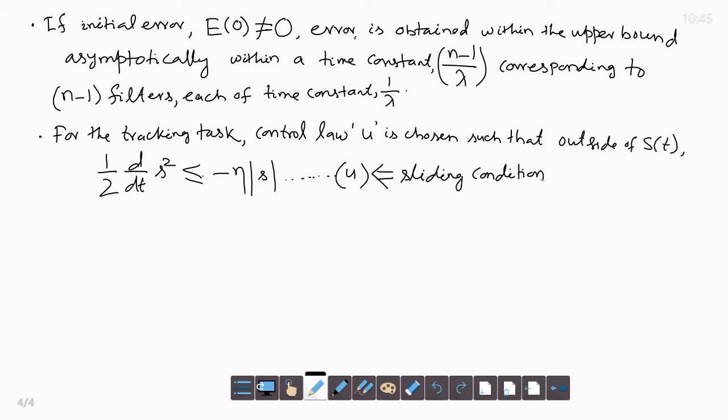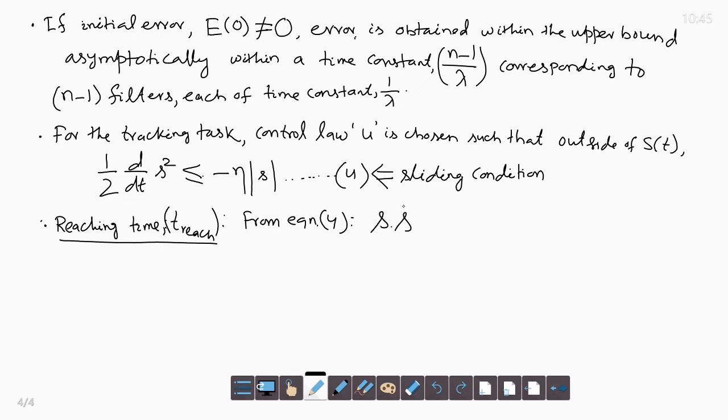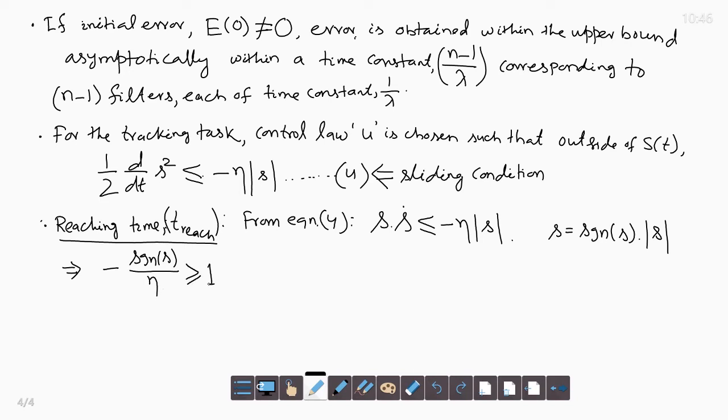So from this we will obtain the reaching time t reach. So from equation 4 we have s into s dot less than or equal to minus eta into magnitude of s, where s equals signum of s into magnitude of s. So this implies minus signum of s s dot divided by eta is greater than or equal to 1.